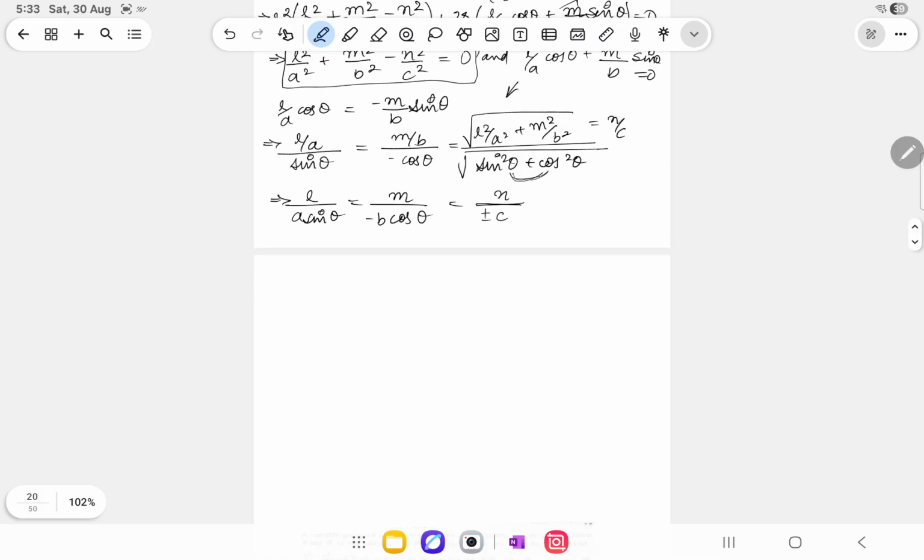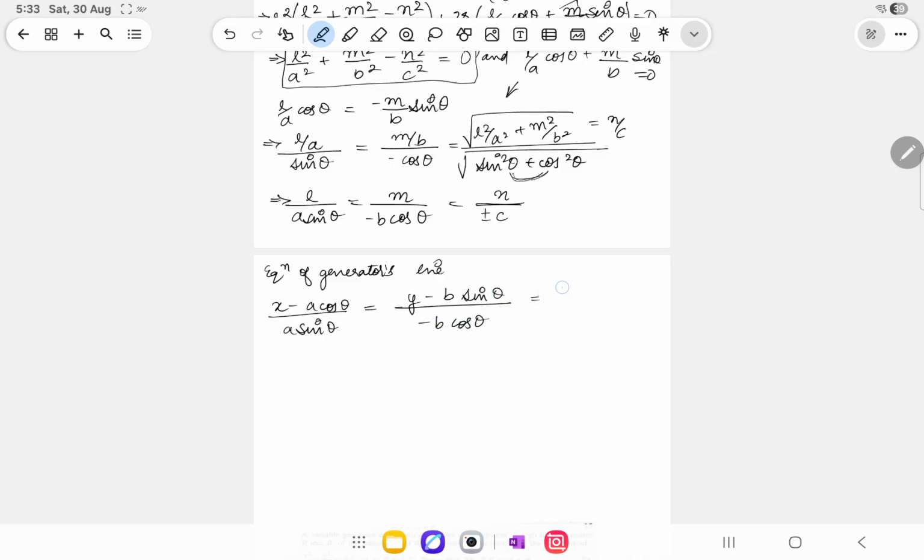So the required equation of the generating line will be basically x minus a cos theta upon a sin theta is equal to y minus b sin theta upon minus b cos theta is equal to z minus 0 upon plus minus c. So this is basically the equation of the generating lines.